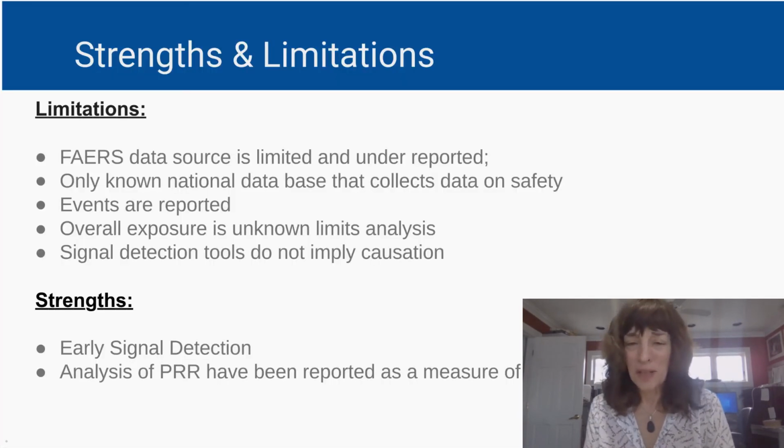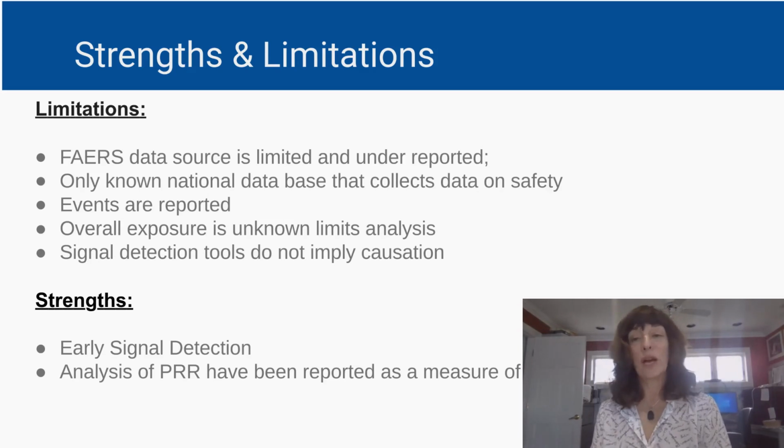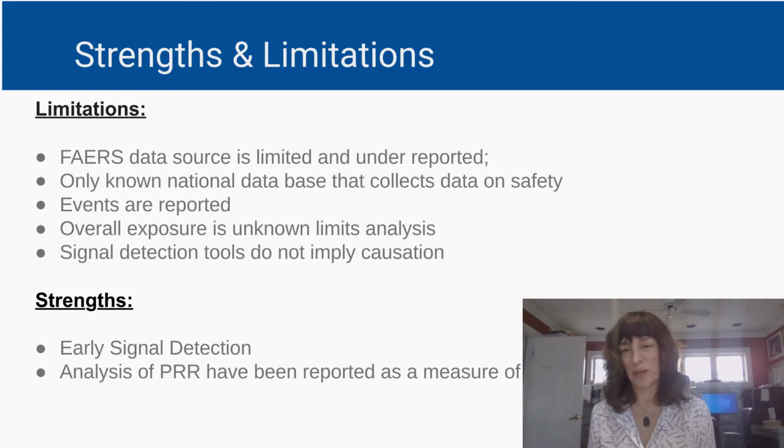Okay, so the strengths and limitations. The FAERS data source is limited and underreported. We know that across the board, even for products that are marketed. It's the only known national database that I know that collects data on safety for any product, specifically cannabis-derived products. Events are reported. Overall exposures are unknown, so you have no idea. It's really a case analysis.